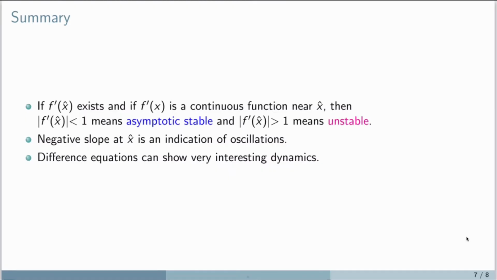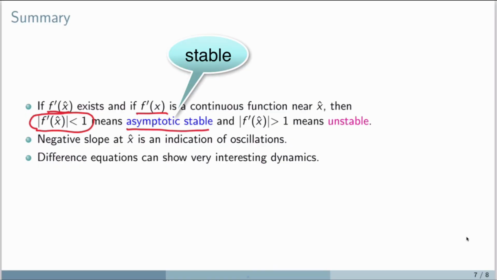Let me summarize. We take a smooth function, which means f prime exists and is a continuous function near x hat, and then we have a stability criterion involving the derivative: if the absolute value of f prime at x hat, the equilibrium point, is less than 1, then we have asymptotic stability of x hat.